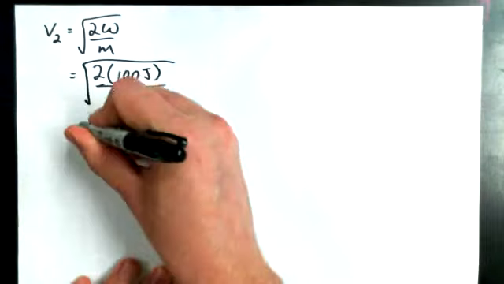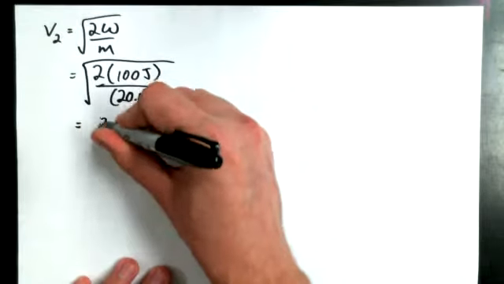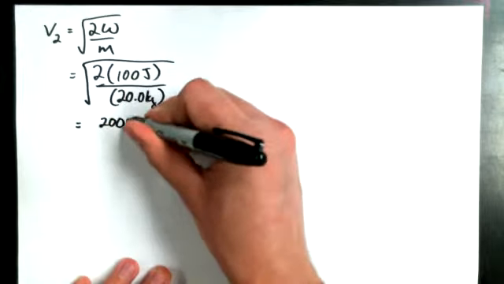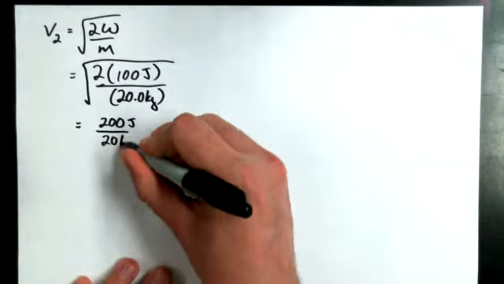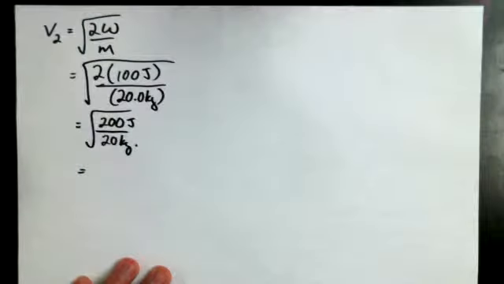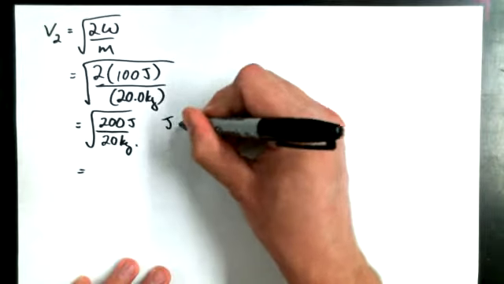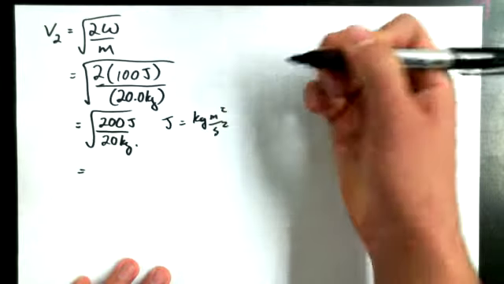all square rooted. So 2 times 100 is 200 joules, divided by 20 kilograms. Now, if we're being really good about our units, you remember that joules are equivalent to kilogram meters squared per second squared.